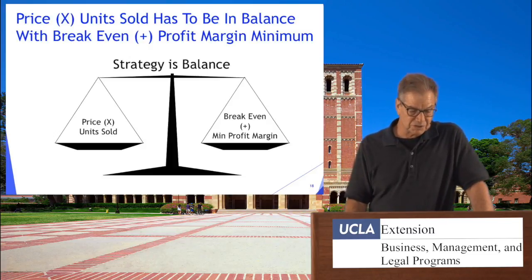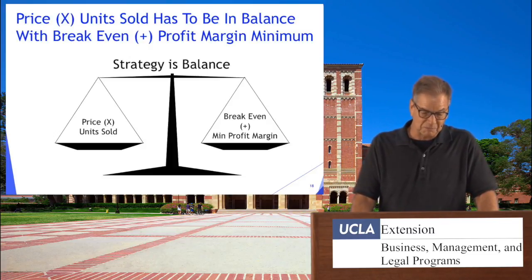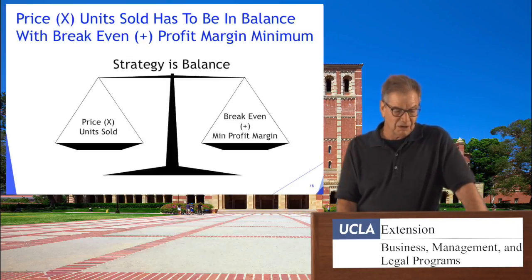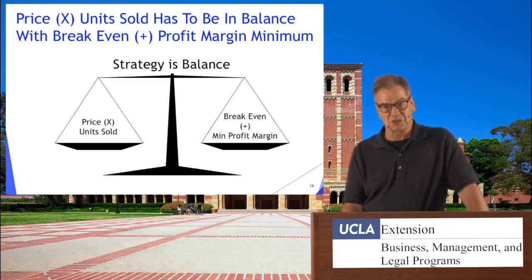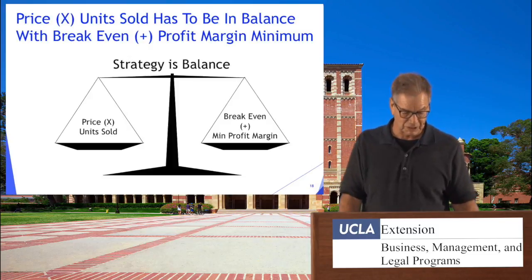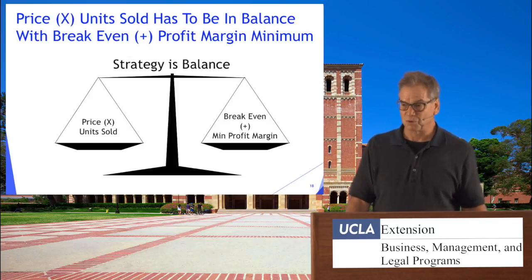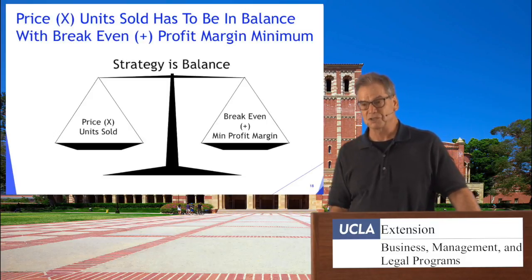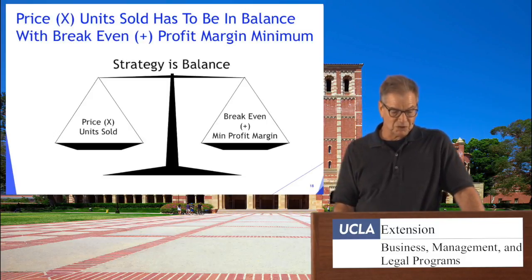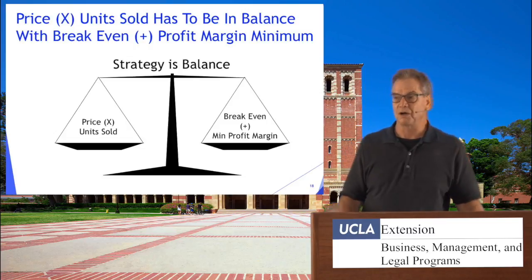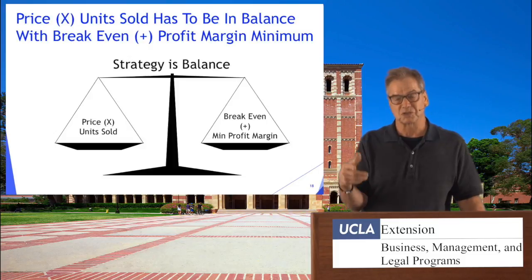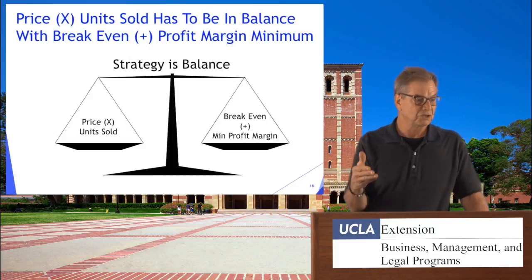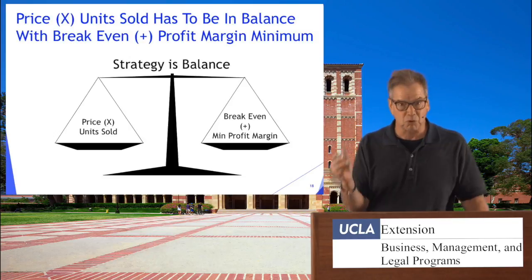Here we have price times goods sold has to be in balance with our break-even point plus our profit margin. If we take the number of units that we're selling times the price we're selling at, that's going to be a dollar amount. That's just dumb logic. But we also have to consider the cost to produce this on the supply side, in terms of direct cost of sales plus a profit margin.